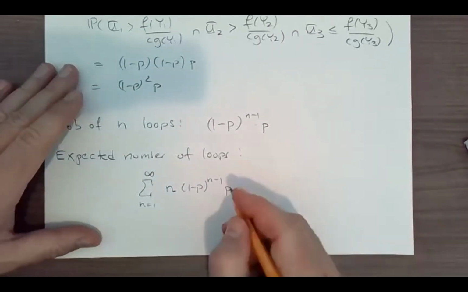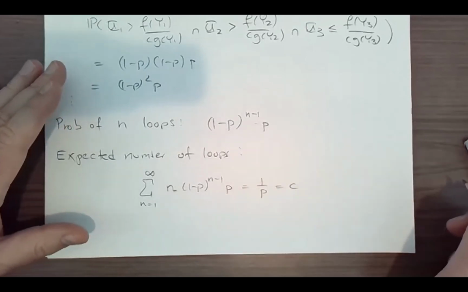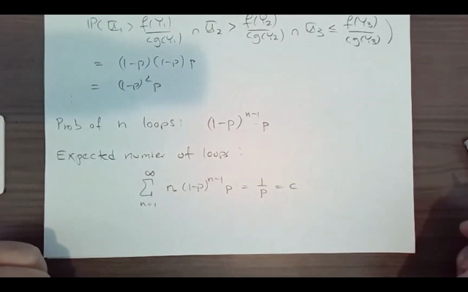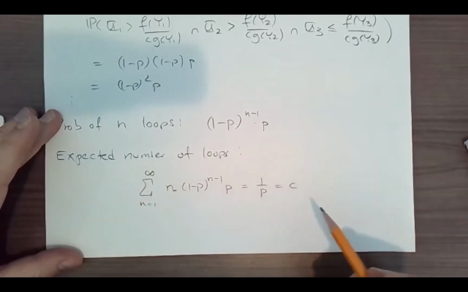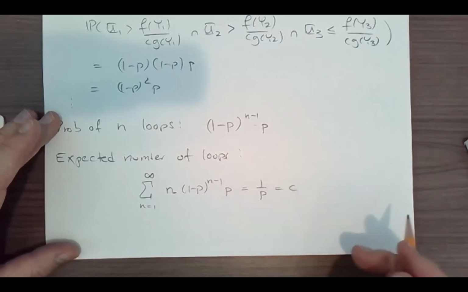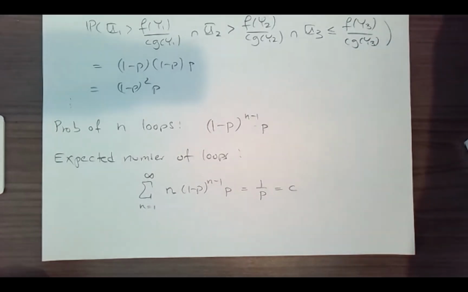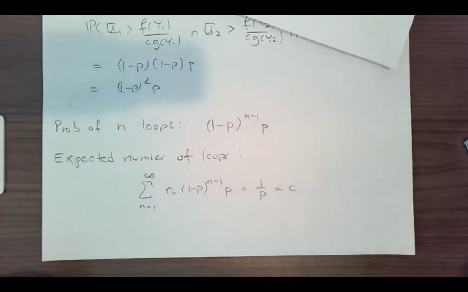If you do this, you're going to get 1 over p, and this is exactly my c. So again, you want the expected number of loops to be small, so you want c to be as small as possible, as close to 1 as you can get. Any questions on some of the calculations we've been doing here?